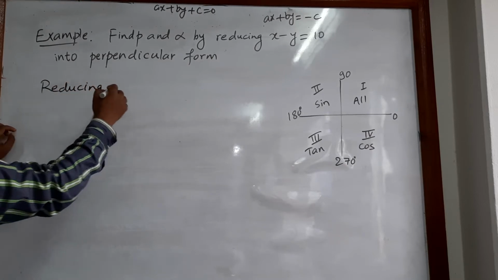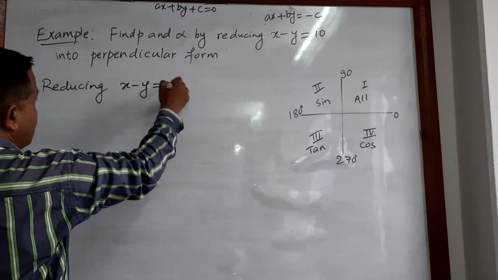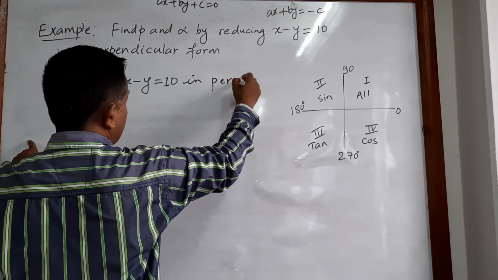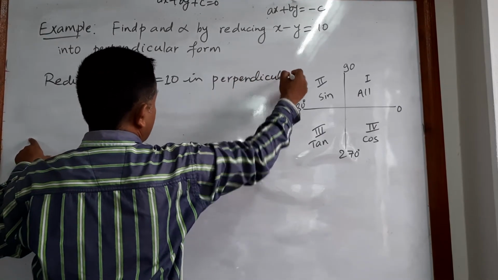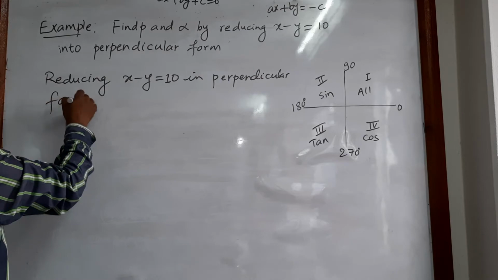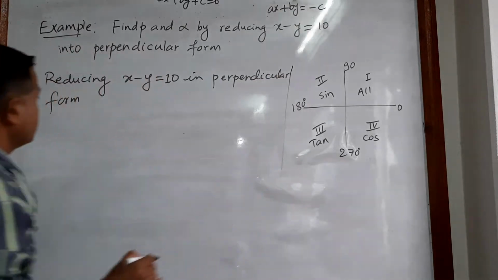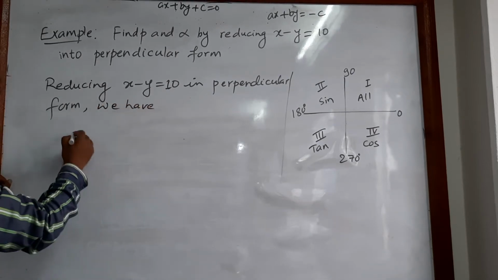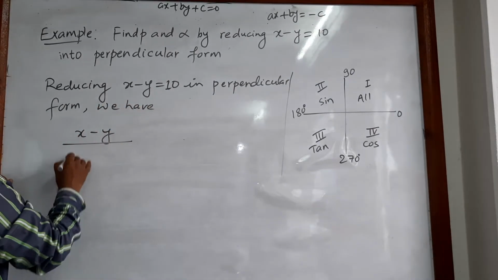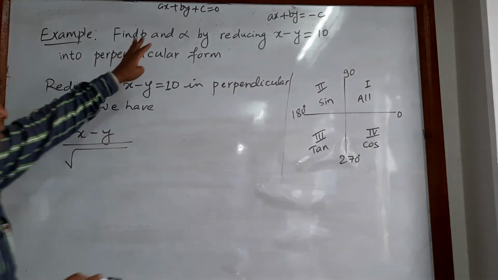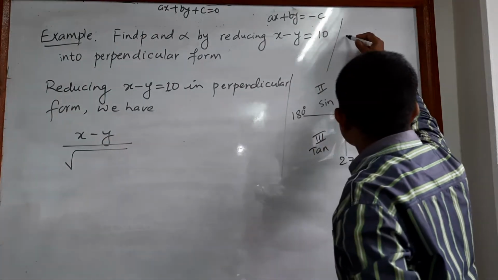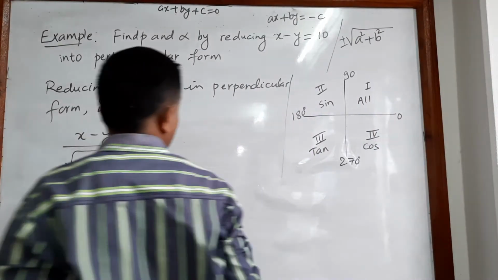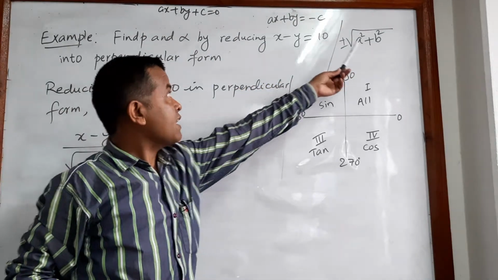Reducing x minus y equals to 10 into perpendicular form, we have x minus y over root over, here we need to divide both sides by this quantity plus minus root over a square plus b square.